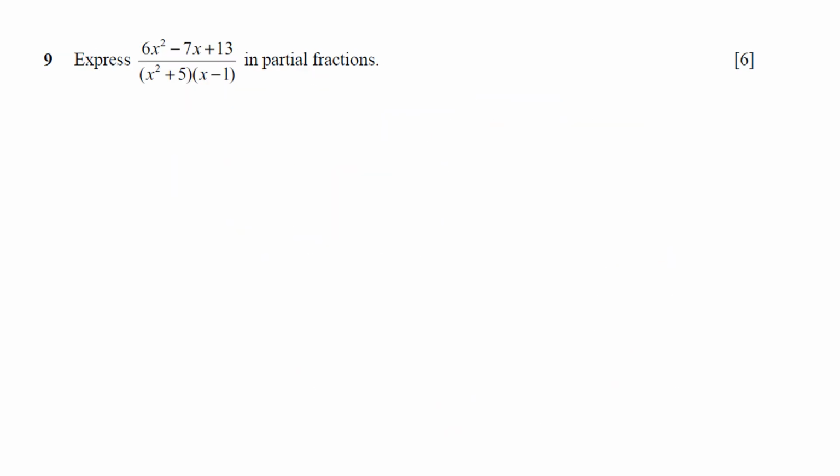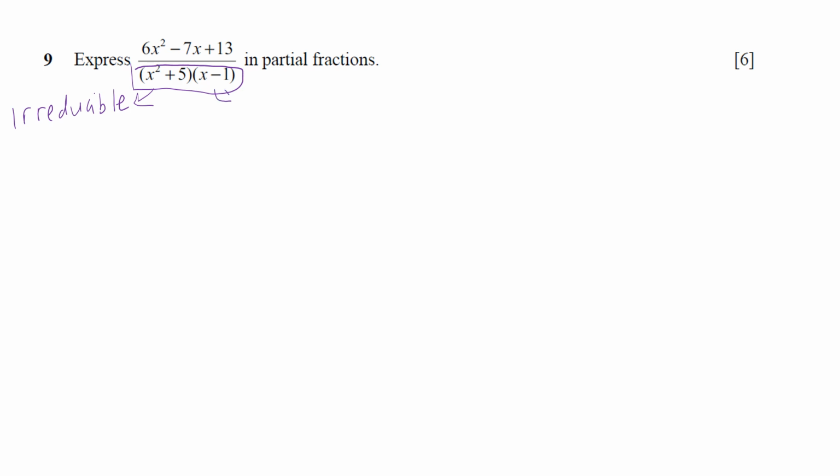Right, let's look at question 9. Question 9 is partial fractions, and that's my favorite. To do the partial fractions correctly, let's examine the denominator. The denominator comprises an irreducible factor. Irreducible factors usually are like x squared plus something, x squared plus 4, x squared plus 3.